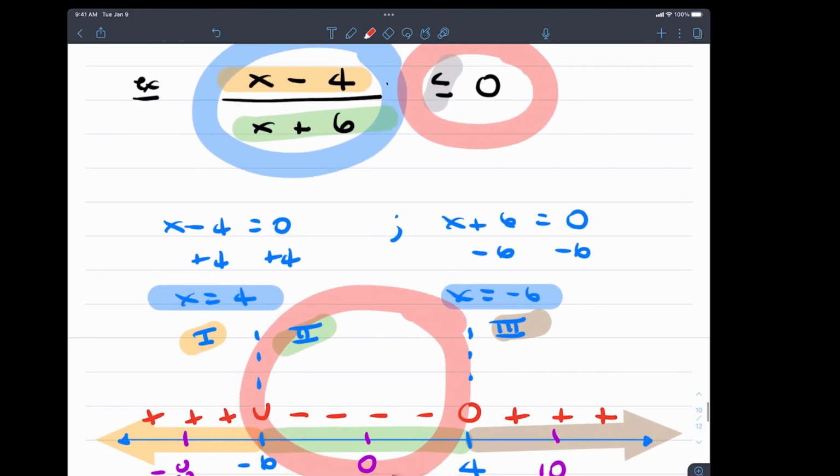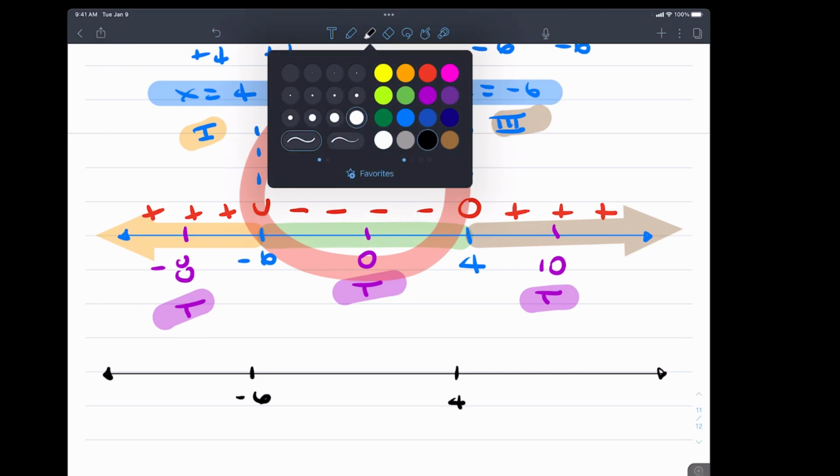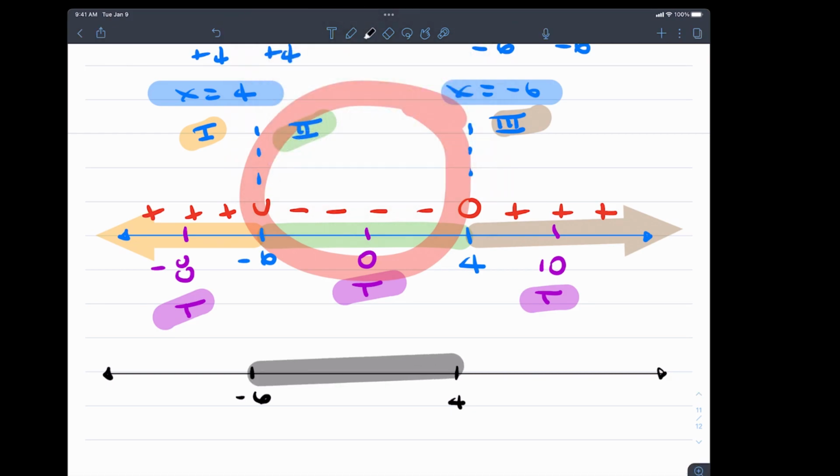So we're going to shade region what? 2. So I'm getting a whole new real number line from -6 up to 4. I've got to shade that middle region. Now, do I include 4?